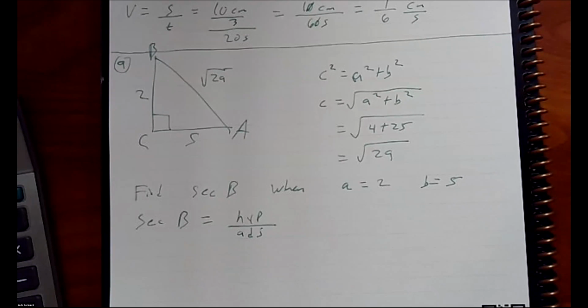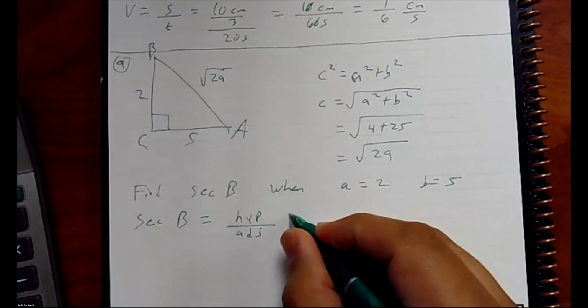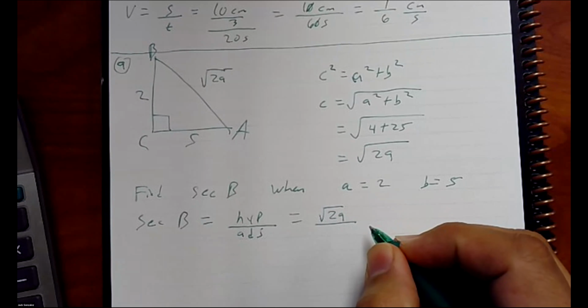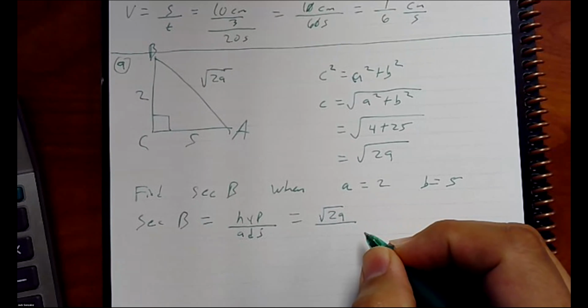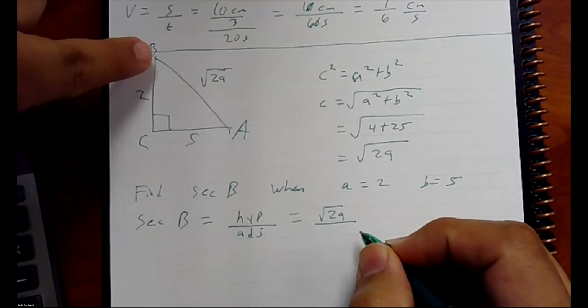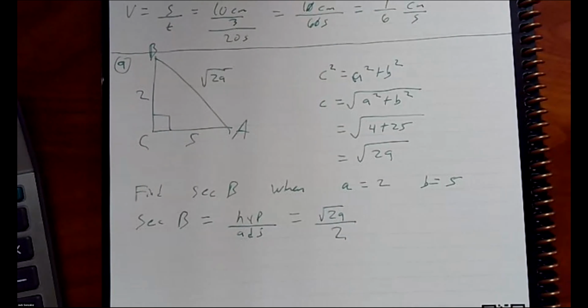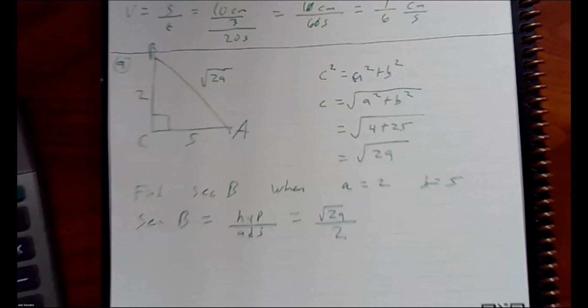It's 1 over cosine, so it should be the reciprocal of cosine, which is hypotenuse over adjacent. Right, guys? So root 29 over the adjacent side to B, which is here. Any questions on what we did?